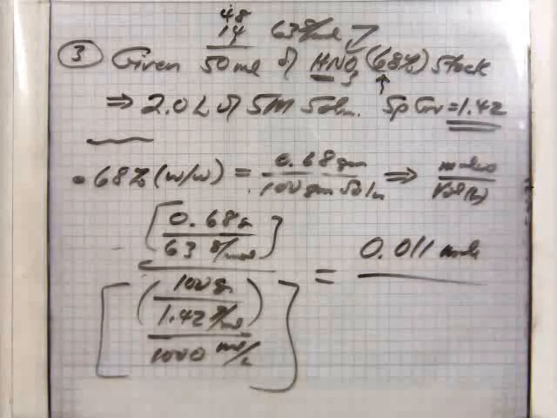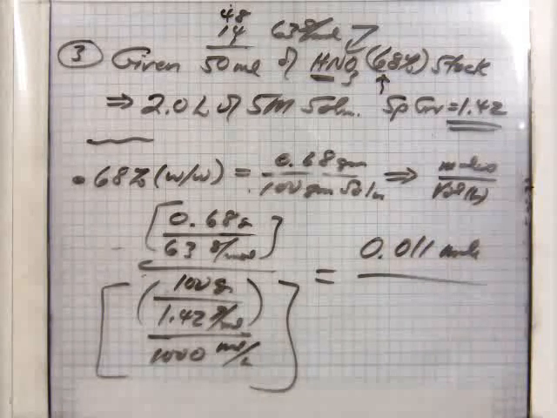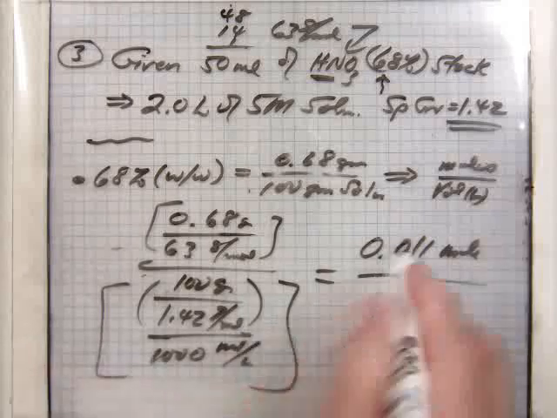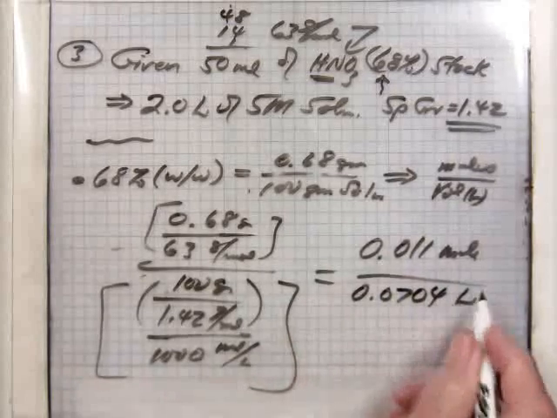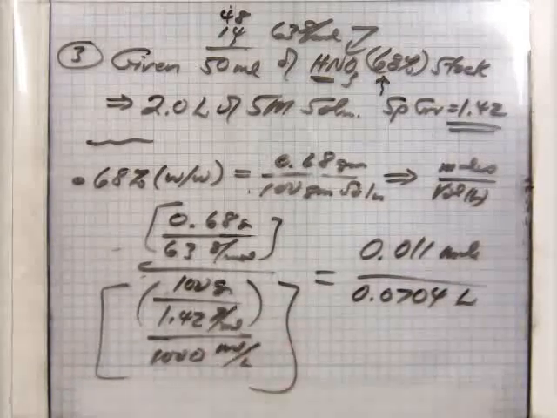And I took 100 divided by 1.42, and that's equal to 70.42 divided by 1,000, and that's 0.0704 liters. So if you set it up like that, you can see how I made the conversions to the definition. That's all I'm doing.